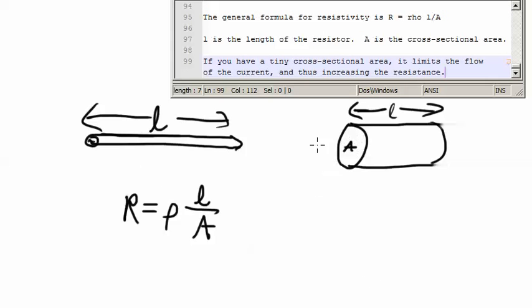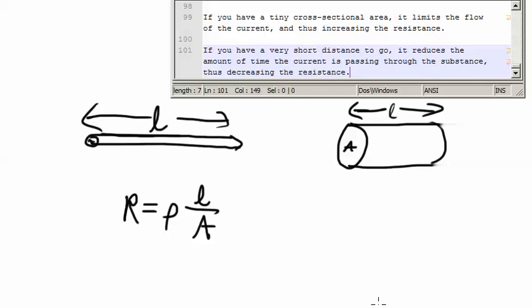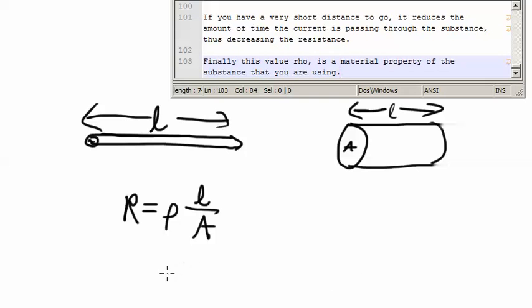If you have a tiny cross-sectional area like this, it limits the flow of the current and thus increases the resistance. If you have a very short distance to go, it reduces the amount of time that the current is passing through the substance, thus decreasing the resistance. Finally, this value rho is a material property of the substance that you are using.